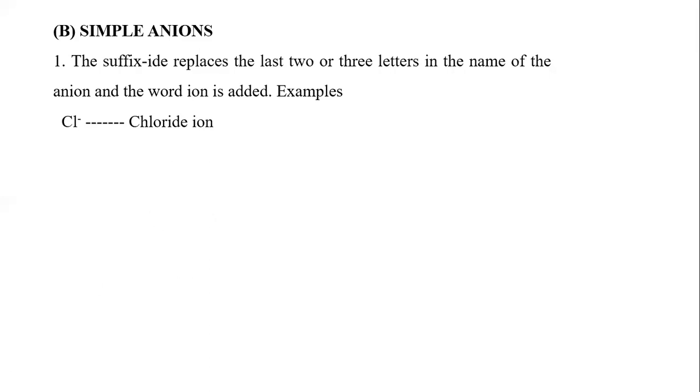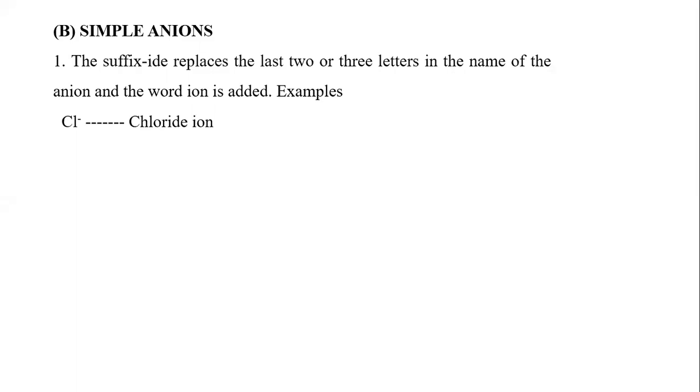Example. Look at the first example, Cl minus. They asked you to name that in an examination. That's very simple. Cl is chlorine. But IDE replaces the INE in chlorine, the last three letters. Replaced by IDE, chlorine becomes chloride.